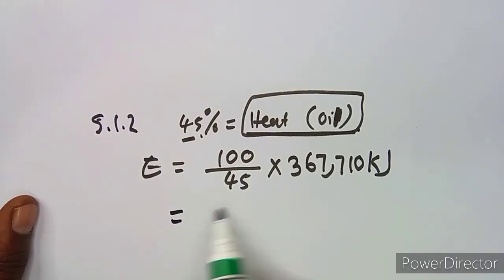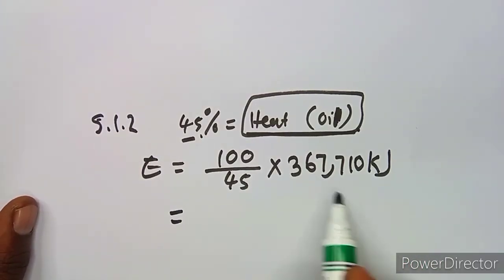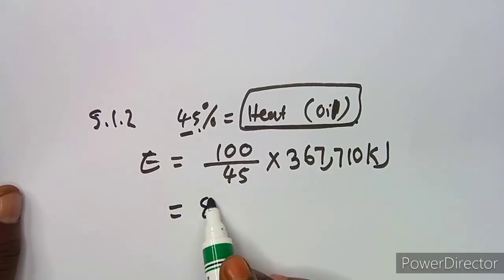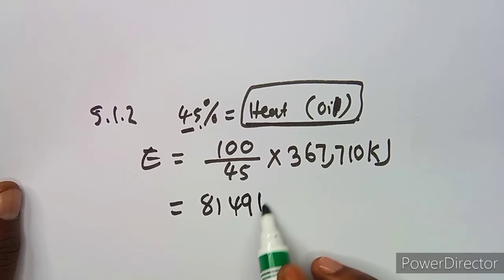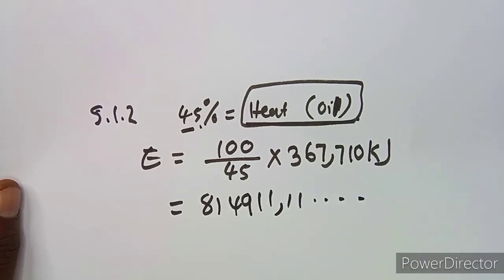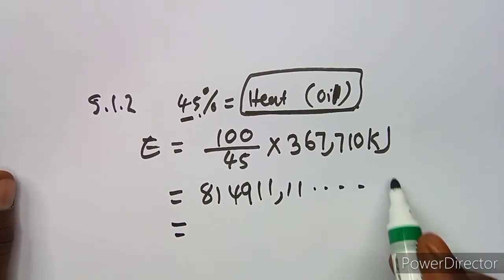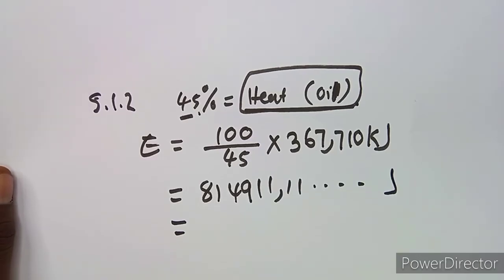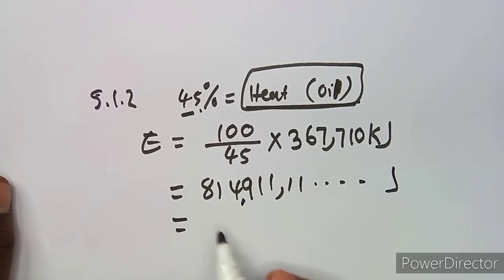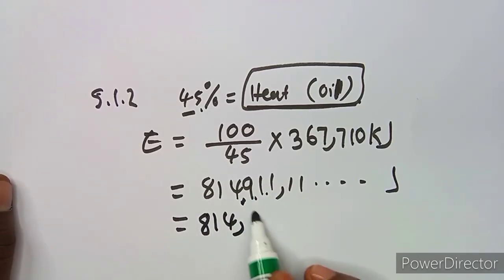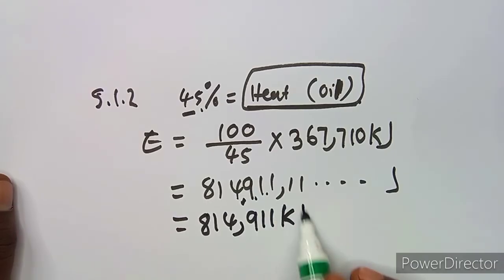All right, so what are you going to obtain? So from your calculator, guys, if you multiply properly, you're going to obtain this whole number, 814,911.11 and so on. Okay, so you can actually write this in joules, and you can also round off. You can at least write in kilo. So it's going to be 814,911 kilojoules.